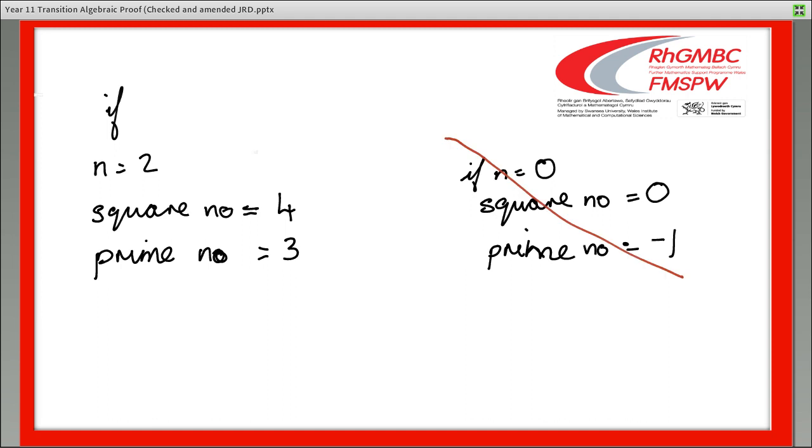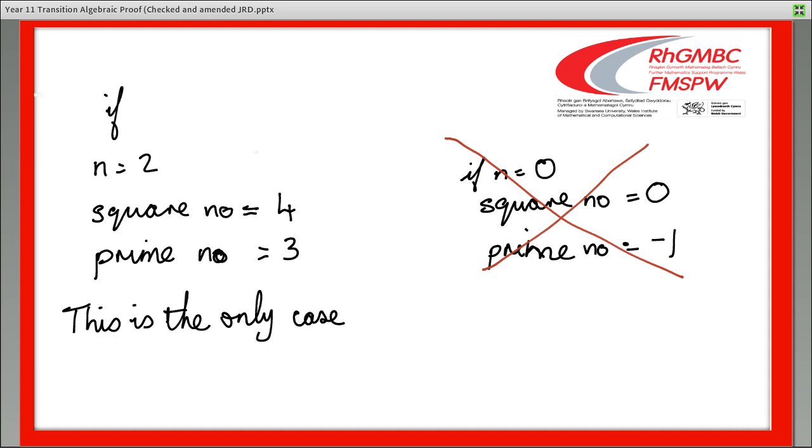Now, technically, the question said on the positive number line. So that means that this bit here can be ignored. I don't need that bit because that's not on the positive number line. So this is the only case.